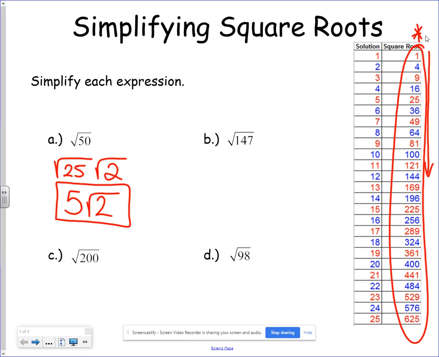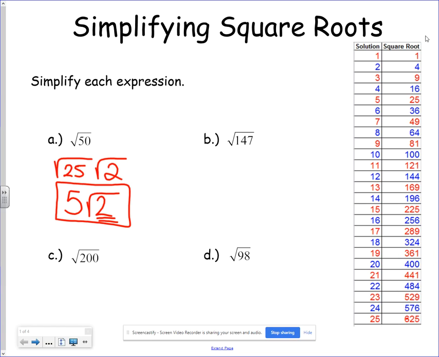The reason it's simplified is because the number under the radical doesn't have a perfect square that divides into it other than 1. 1 goes into everything, so that doesn't count. So you always want to make sure the number under your radical doesn't have a number from this list that divides into it. If it does, you can reduce it. If it doesn't, it's reduced.